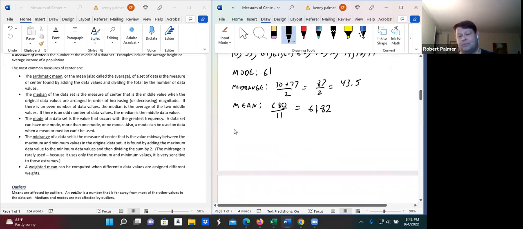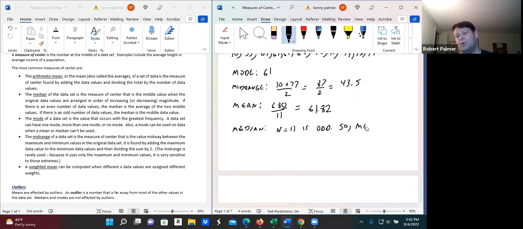Finally, the median. Okay, all right, so it wrote mean twice, so the median. Now this time I have an odd number of values, so our n equals 11, which is odd.